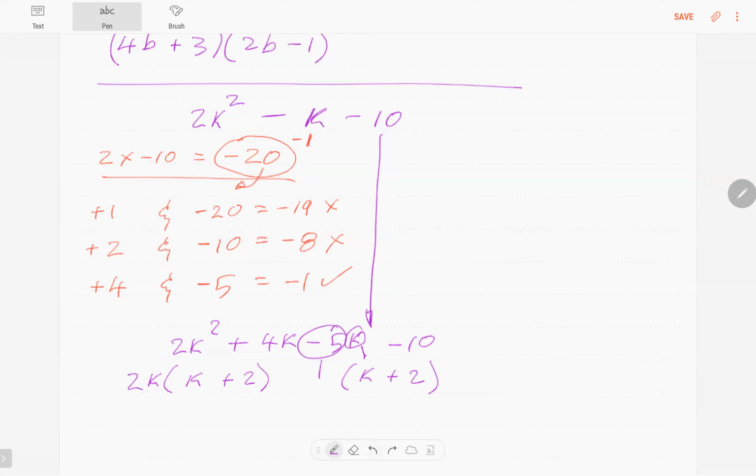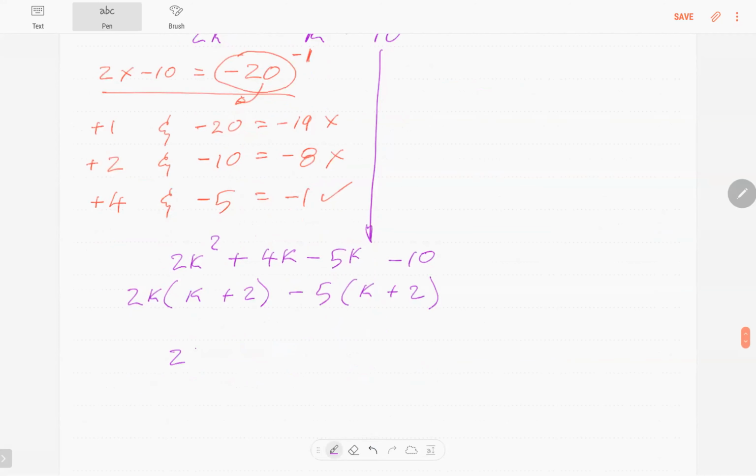The negative 10 divided by 2 gives you the negative 5 that you want. So it's negative 5 outside here, and therefore it becomes 2k minus 5 times the common factor k plus 2. That's that.